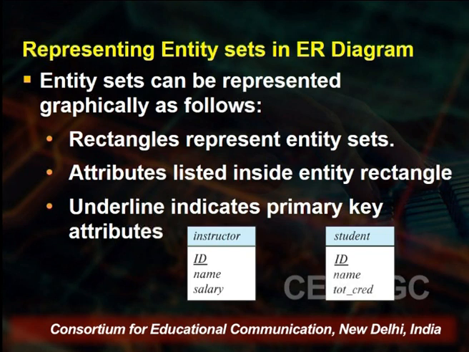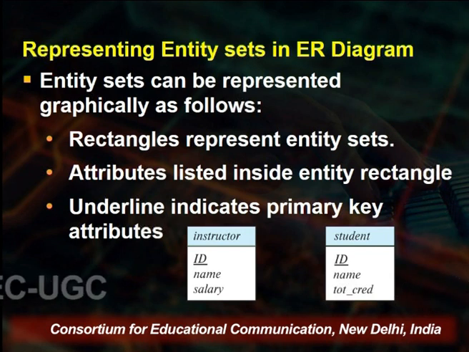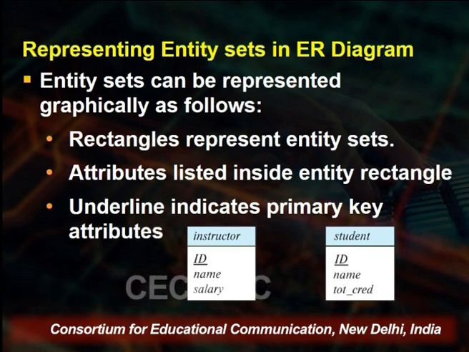In the previous lecture we have also seen the difference between an entity and an entity set. So here the rectangular box, which is named instructor, is representing the entire entity set. What about the attributes? The attributes are listed inside the entity rectangle. In case of an instructor, there are attributes: one is the ID, another one is the name, and third one is the salary.